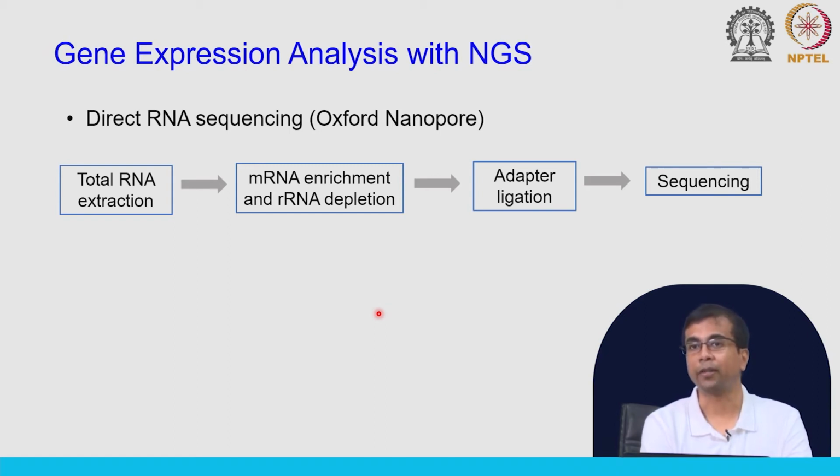Any amplification will have some bias. It will amplify certain fragments much better than others because of their sequence preferences, GC content, etc. All those factors come into play, and that is why having fewer steps without amplification is very good for our analysis.